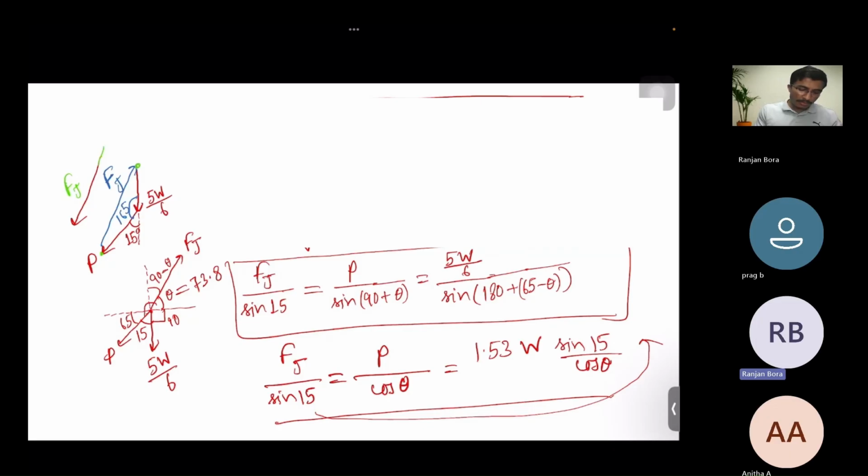Okay, so these two, P and Fj, are not acting along the same line. You can see it is 73.8 and it is 65. So that was not the right assumption.